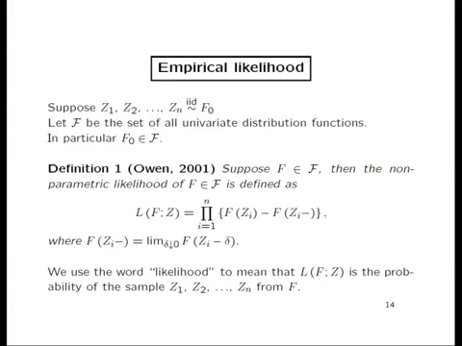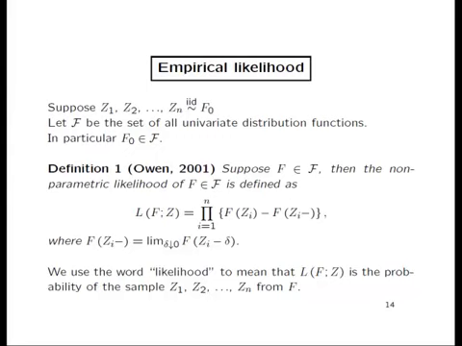Suppose this is an abstracted one, and I'll come back to the specifics in our case. Suppose we have an IID sample from some distribution F0, and we want to do inference about F0 based on just an IID sample here. And we know F0 comes from some parametric family. So Owen says, suppose F is a member of this, then the non-parametric likelihood for F, defined as a parameter of interest in a general sense, is just the probability of what we observe given the variables D, which is just the product of F of Zi minus F of Zi minus.